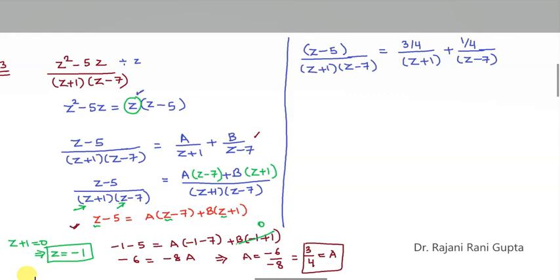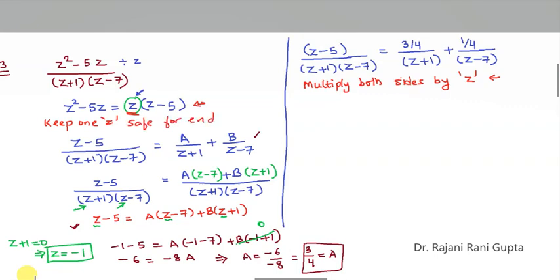So we have to now multiply with this z that we kept aside. So multiply both sides by z. See, we are able to do this step only if we have done that step. If we keep one z safe for the end. Because if you are not doing this, we are not able to do this step. Okay, so what will you get?